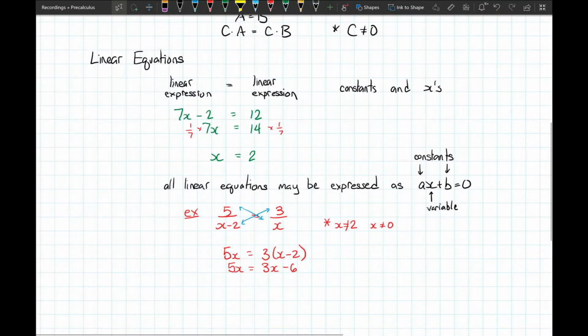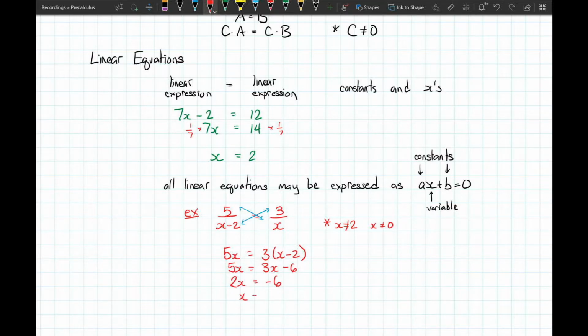And sure enough, you can solve this with only the addition and multiplication principles. Let's subtract 3x from both sides. 2x equals negative 6. Divide both sides by 2, which is using the multiplication principle, essentially multiplying by a half.